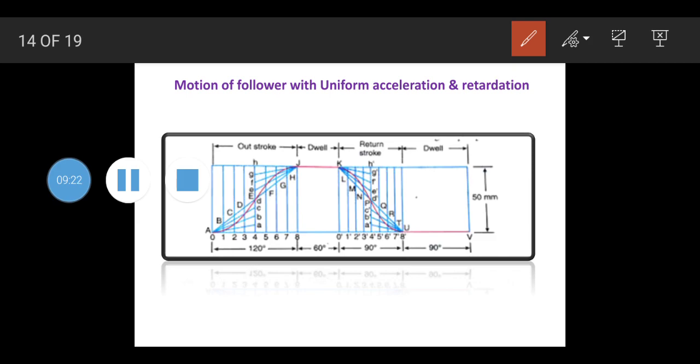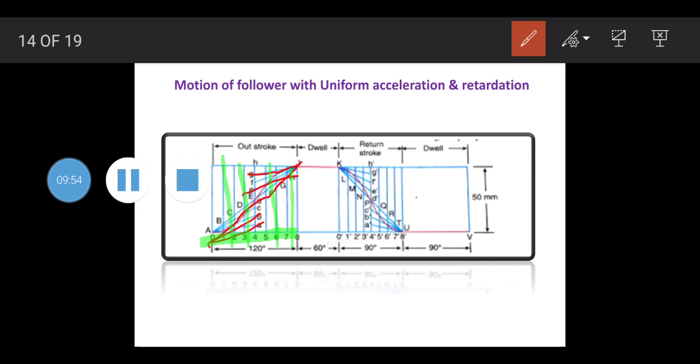Once we finish this, we will divide this AB into equal number of divisions. So we have made 8 divisions. Once we make the divisions, we will draw a vertical line upward this way, and then we will join a line from this point to this point. Same way here also we will make divisions like this.